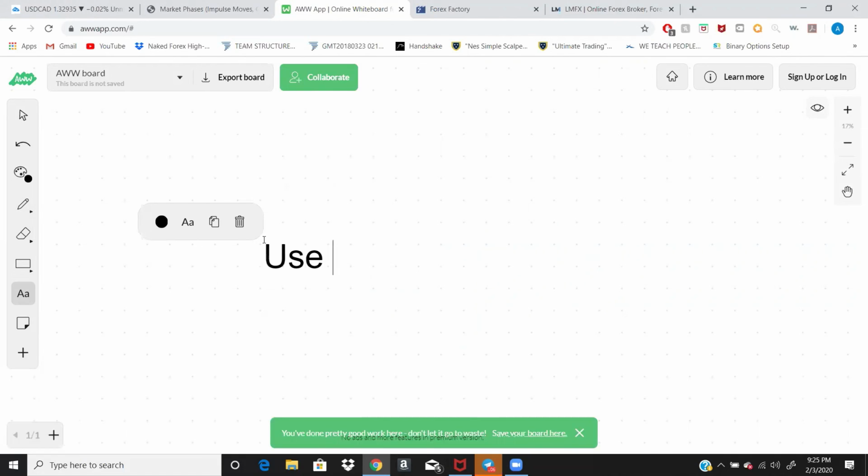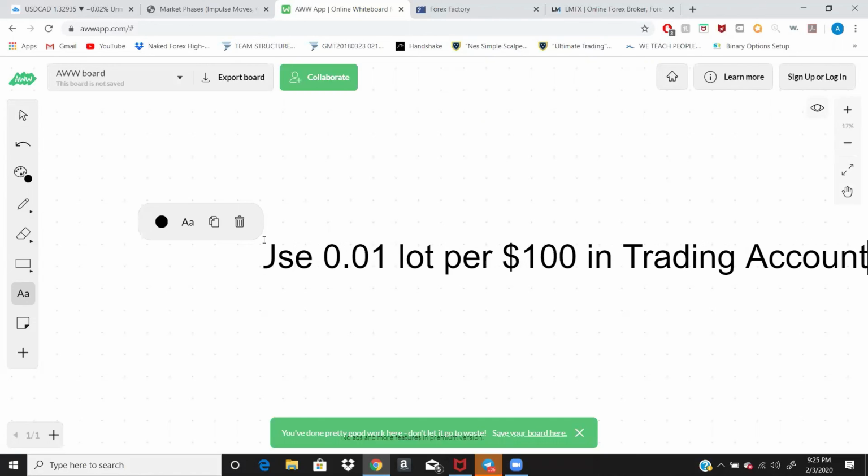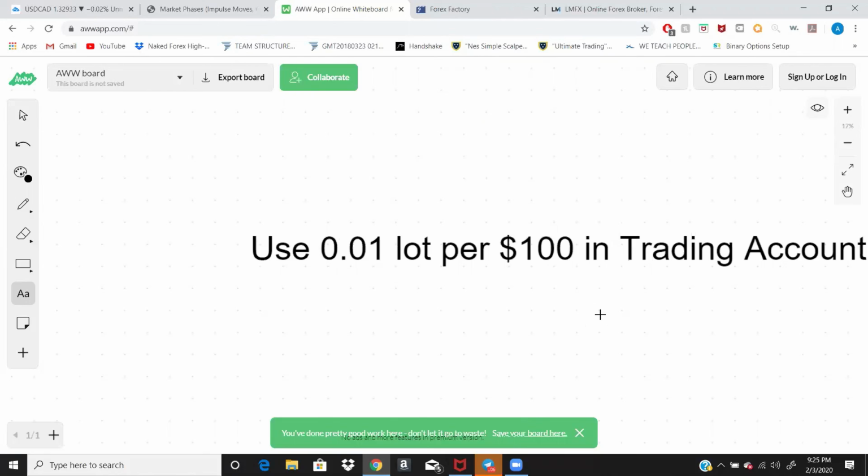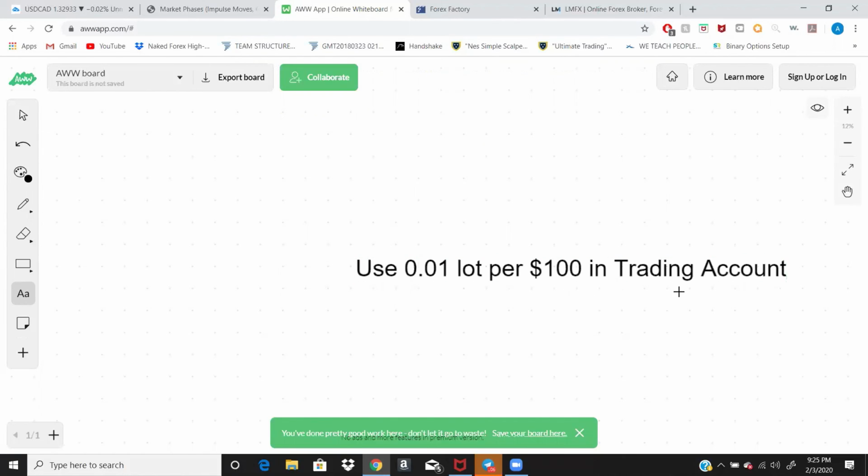Use, and that's it. If you do this, you don't have to worry about over leverage. You don't have to worry about holding your trade long enough so that you can close in profit, and be patient for that reversal. And that's the reason why I recommend that.